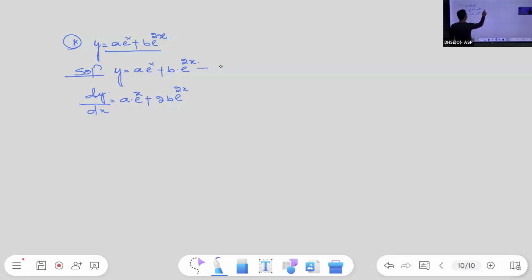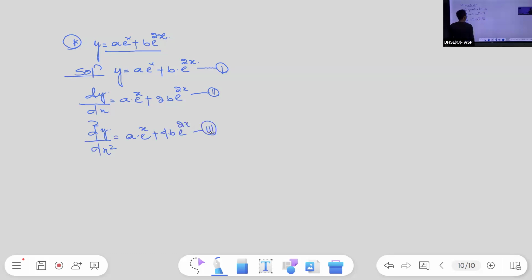Okay. This is equation 1. This is equation 2. Again differentiating both sides, d square y upon dx square is equal to a e raised to the power x plus 4b e raised to the power 2x. Okay.